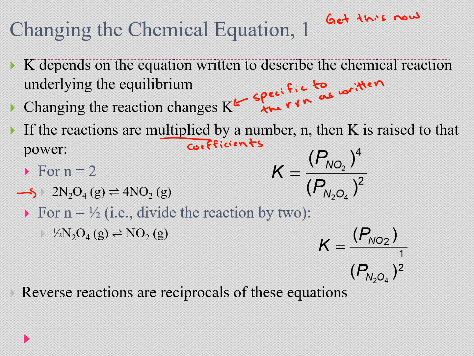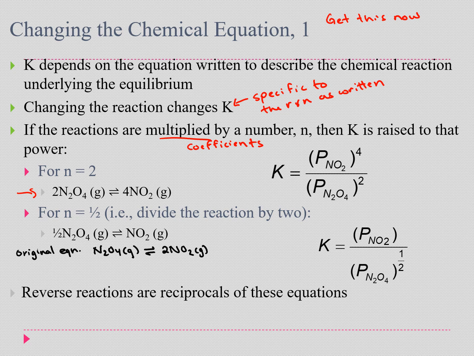I'm going to run out of places to put stuff on this slide. This could be over 3 slides for the amount of stuff that we need on here. The original equation was N2O4 in equilibrium with 2 NO2s. That was our original way of writing our equation.